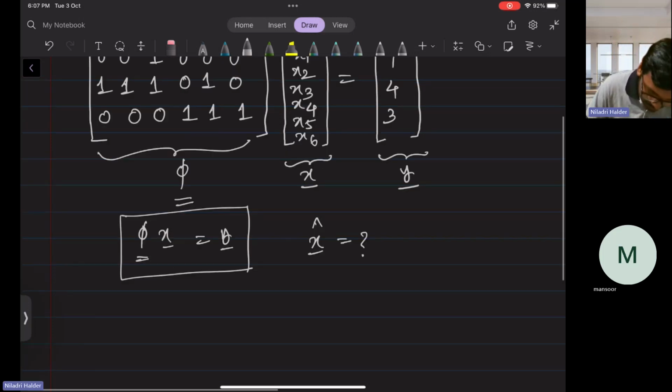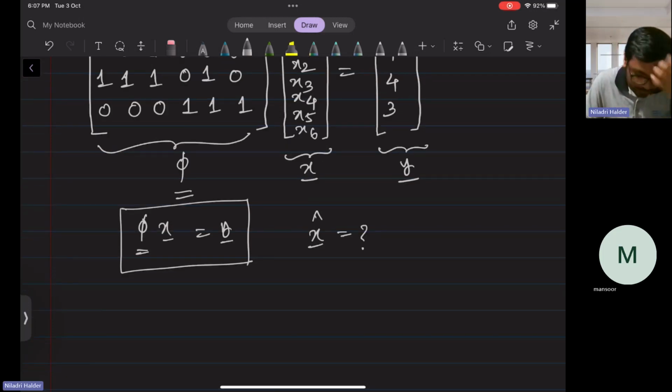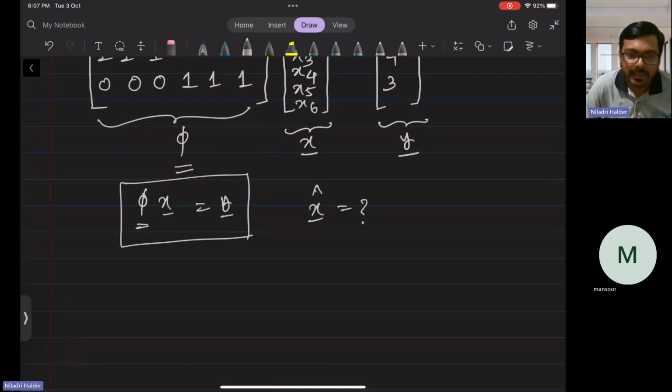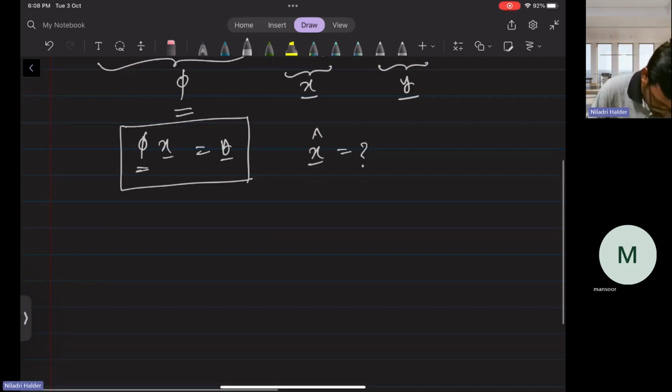But x is a sparse signal, so we can follow some greedy algorithm. The L0 norm minimization problem is NP-hard, its complexity is very high, so we can solve this by a greedy algorithm, which will be easier.